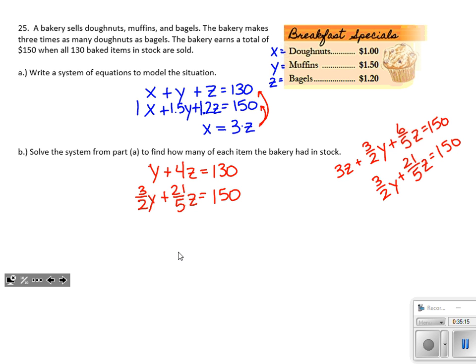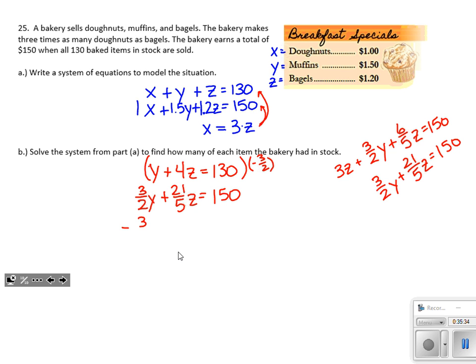All right, and we can work with these fractions. Again, a calculator or multiplying both sides by 10, anything like that could get rid of those fractions for us. But man, I don't want to go through all that work and deal with those huge numbers. So I'm actually going to multiply this top equation by negative 3 halves.